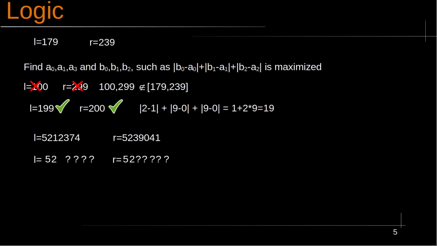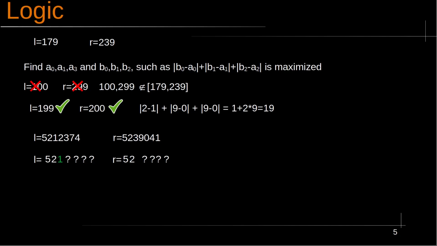Can we put 1? Yes. Can we put 2? Yes. But which is better, 1 or 2? 1, because we want to maximize the sum of the absolute values of the differences. So we have to put 1 here.